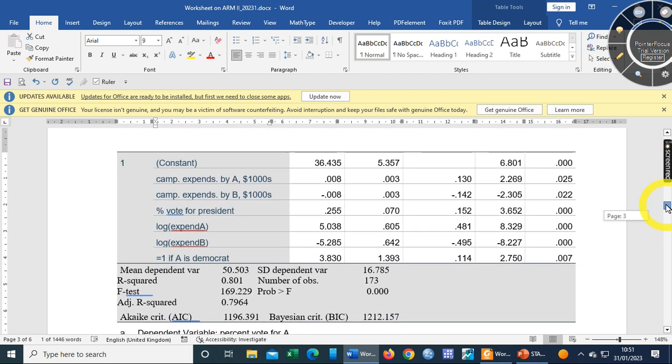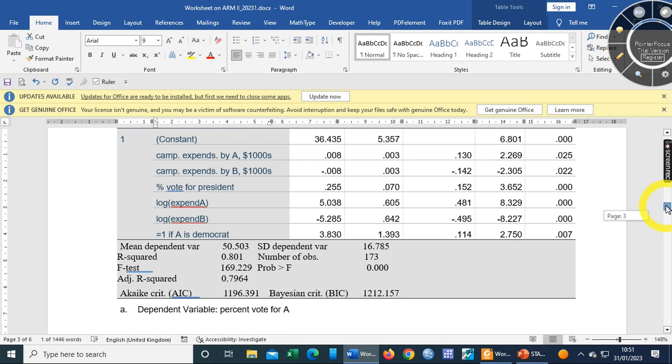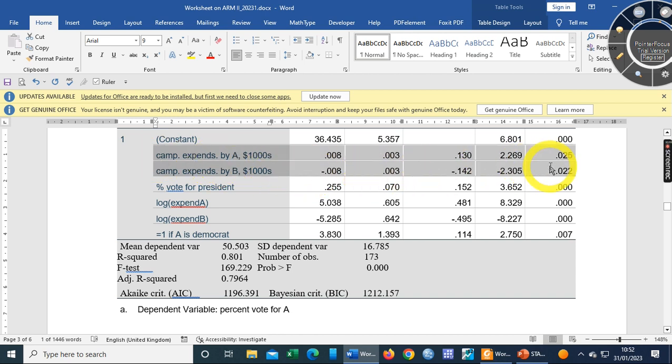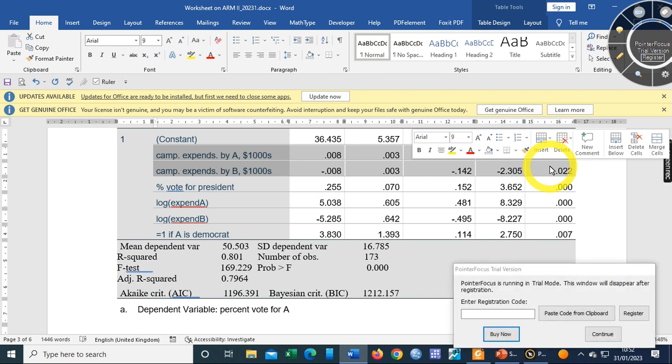But bear in mind here, in this regression analysis, these parameters cannot be considered because we already included their respective logarithmic form.